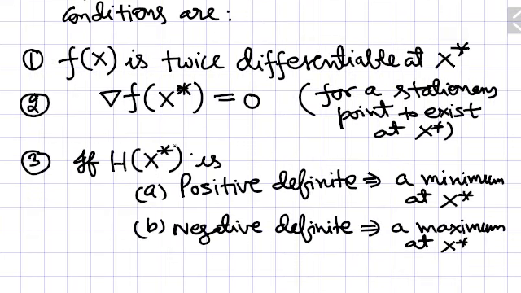Now the third condition. If the Hessian matrix H of that function at that particular point is positive definite, then the function is minimum at that point, and if it is negative definite, then it is maximum at that point. So now you can understand the importance of the Hessian matrix, why we calculated it.